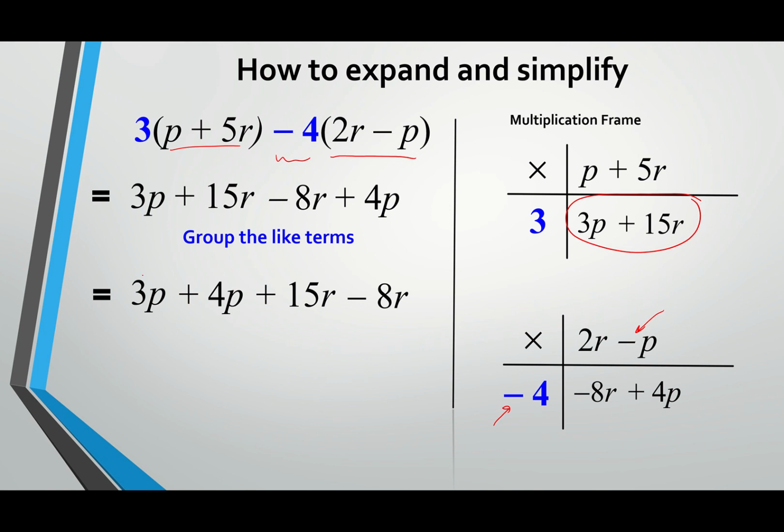We take the coefficients 3 plus 4p. We can use a calculator. 3 plus 4 is 7. Then we have plus 15 minus 8. Use your calculator. We also get a positive 7r. Because the variables are different, we cannot add or subtract them. All right, so that's it.